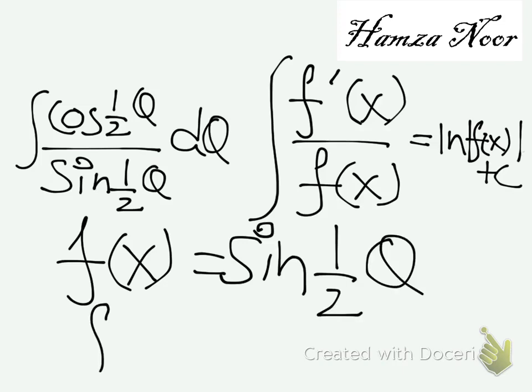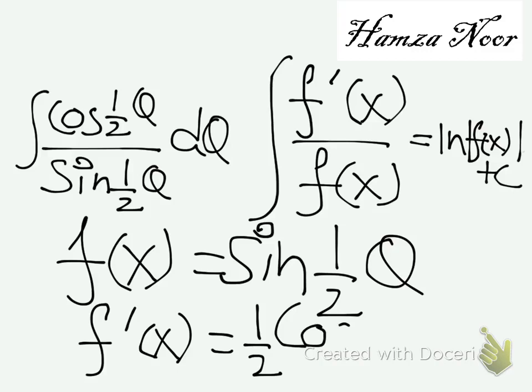So therefore f dash x will be equal to 1 over 2 cos 1 over 2 theta. So the integral will be exactly equal to 2 ln sine 1 over 2 theta.